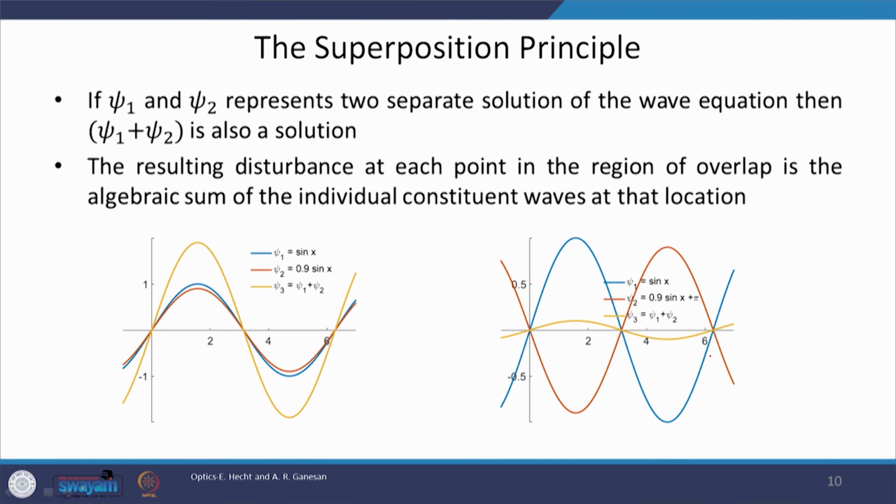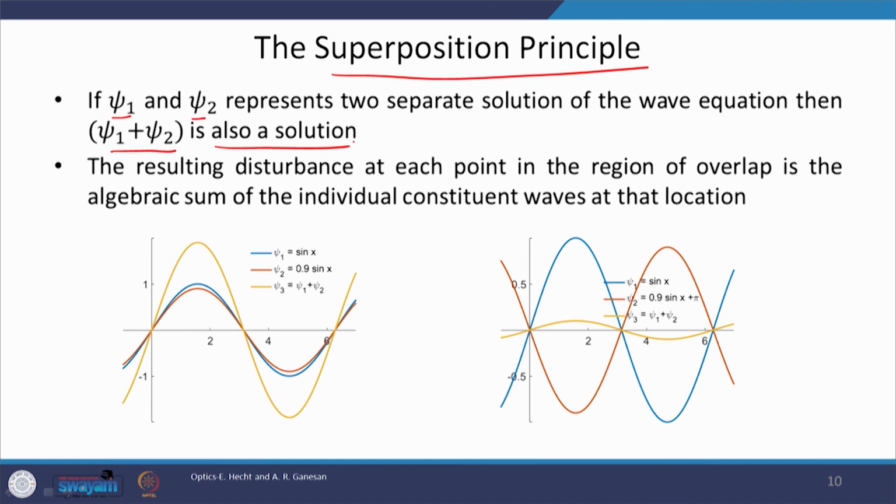Now suppose we have more than one wave function which overlap in space, then what will happen? What would be the resultant of this? This would be decided by the superposition principle, and this principle says that if psi 1 and psi 2 represent two separate solutions of the wave equation, then psi 1 plus psi 2 is also a solution of the wave equation.